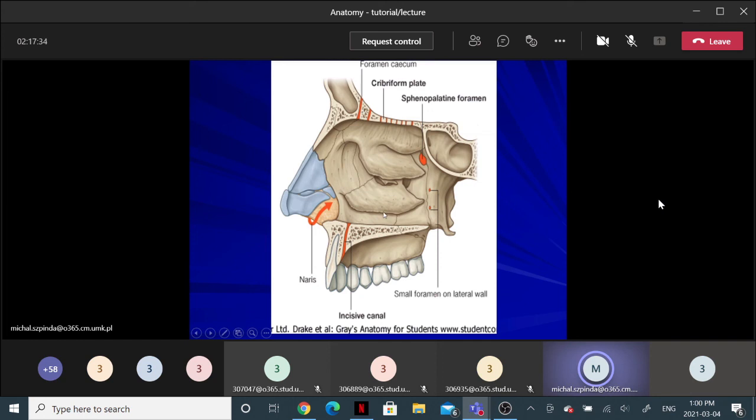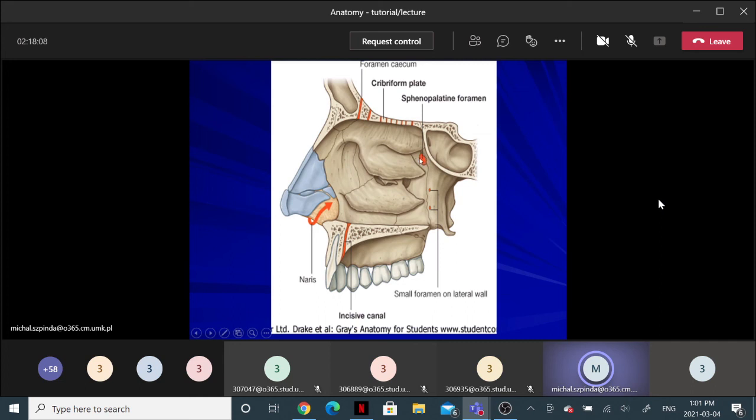In numerous manuals, you can find that on the lateral wall we have ethmoidal foramina. No ethmoidal foramina at all in the nasal cavity. So memorize it. But on the lateral surface is the sphenopalatine foramen.